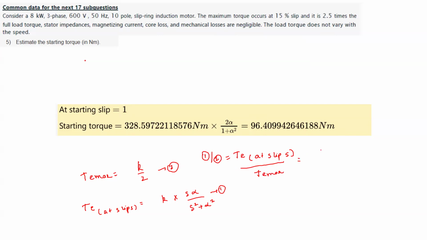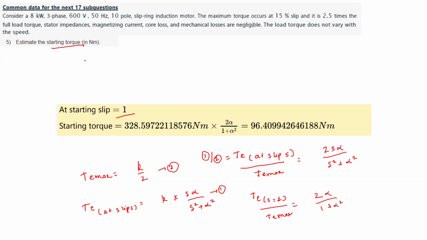If you take this ratio, you get 2S alpha by S square plus alpha square. Now because they're asking you at starting torque, for starting, what is the slip? Slip is equal to 1. So T at S equal to 1 by T max is 2 alpha by 1 plus alpha square.